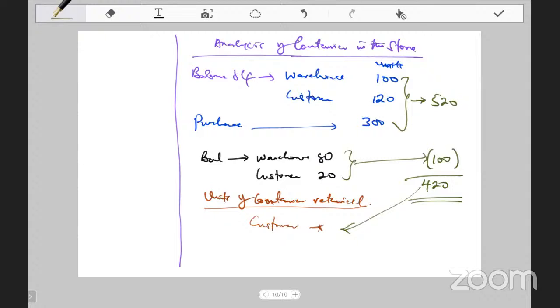So the unit of container that has been retained by the customer is not 100, it is 420, because you have 100 left, 80 in the warehouse, and 20 returnable under the contract from the customer. So that is it. Any question?